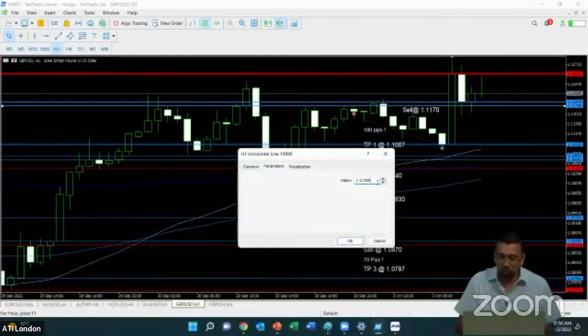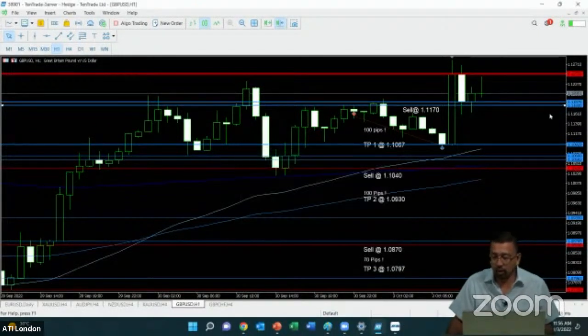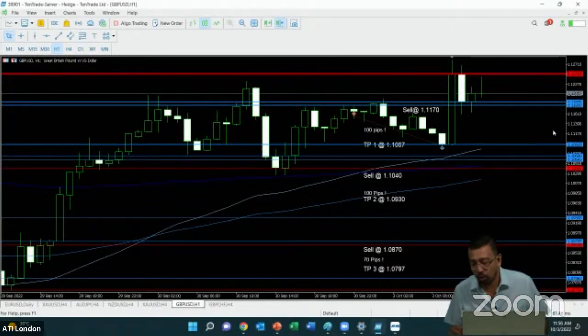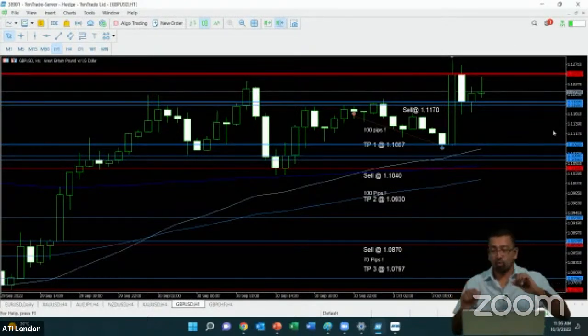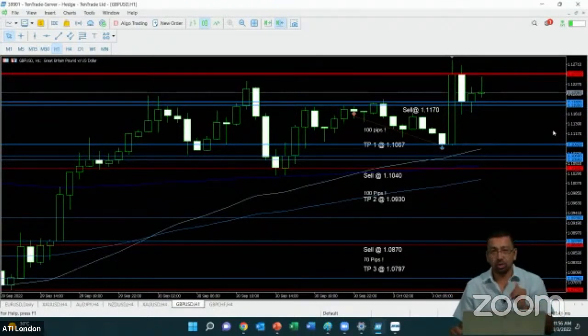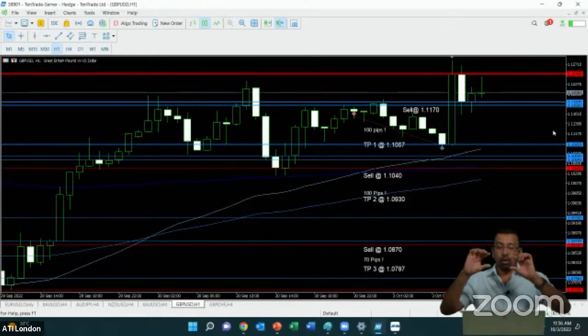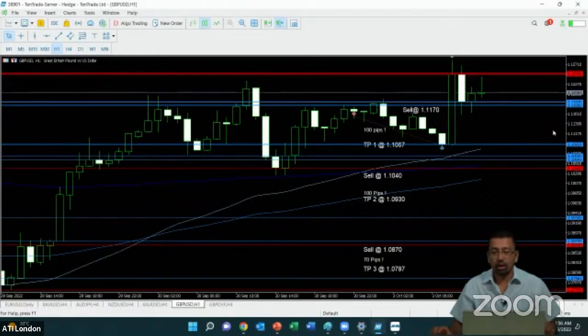So it would be easier to follow this way, so that you are aware that the current price at 1.1206 or 07 at this moment of time is within the range of 1.1250 and 1.1180. What that means is that we are making this area right now as a range, okay, as a range.